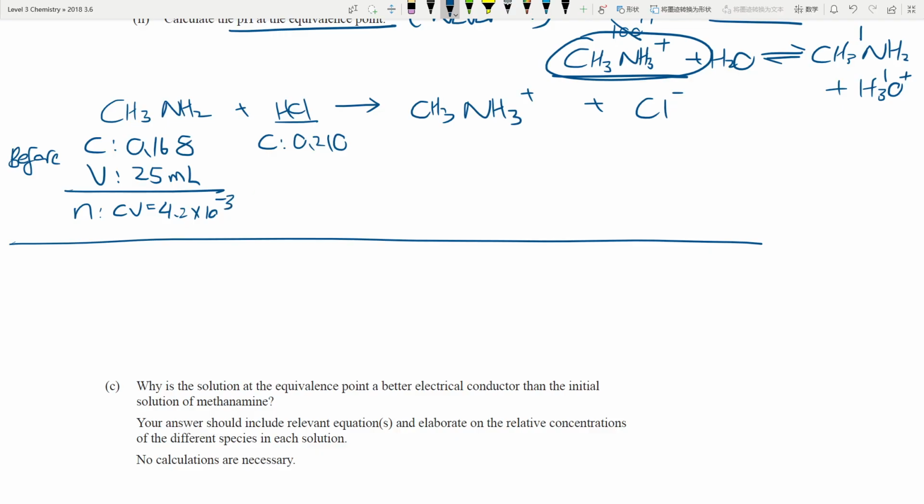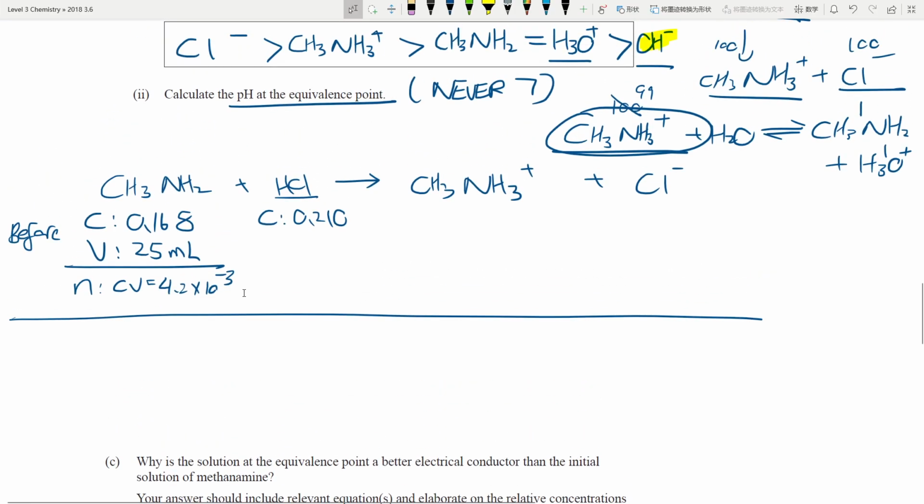At equivalence point, the moles of these things need to be the same. These are 4.2 times 10 to the power of -3 as well, and then we can figure out the volume, which is n divided by C, which will be 4.2 times 10 to the power of -3 divided by 0.21, and you get 20 mL. Look at that. We'll go back to the graph and just celebrate.